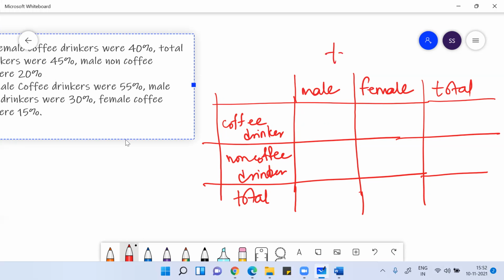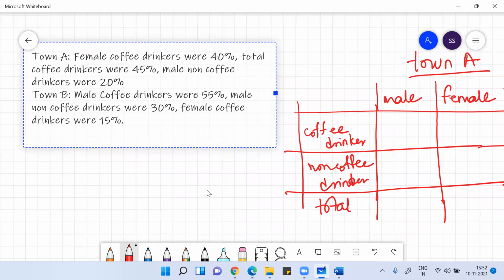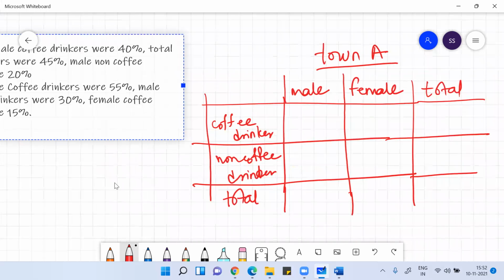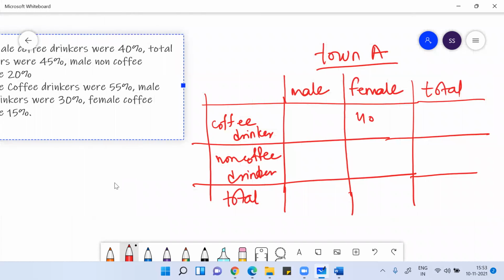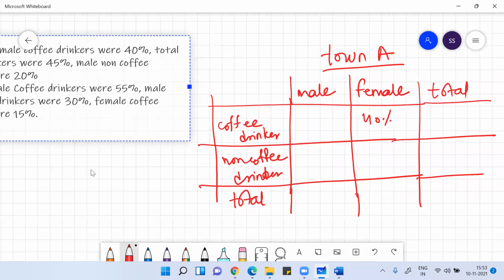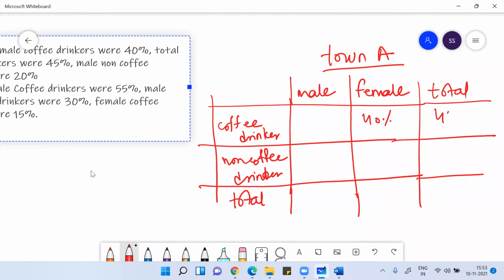So if I write this for town A, female coffee drinker 40%, then total coffee drinker 45%. If the total coffee drinker is 45% and female is 40, so automatically the male will be 5%.